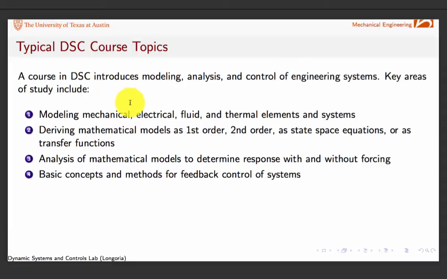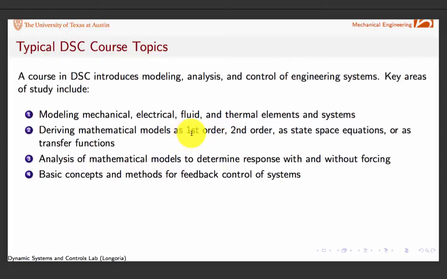The topics that are covered in a DSC course relate to modeling, analysis, and control of engineering systems, and in the way this is taught here at UT Austin is we like to cover mechanical, electrical, fluid, and sometimes thermal systems, as well as electromechanical devices, different types of machines. We emphasize deriving mathematical models.